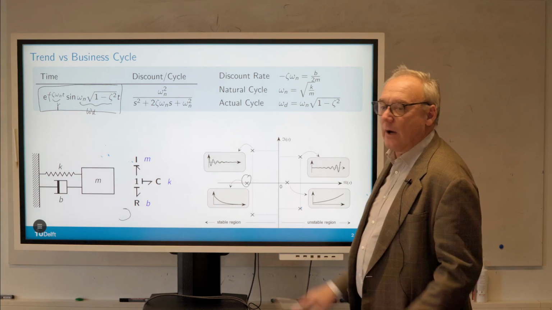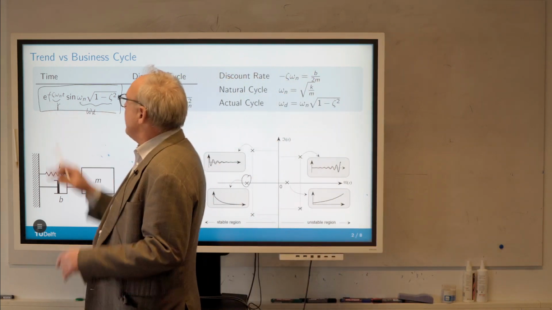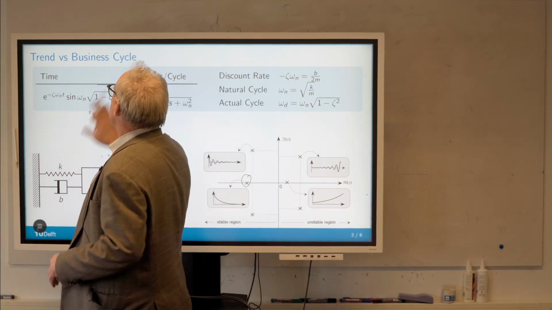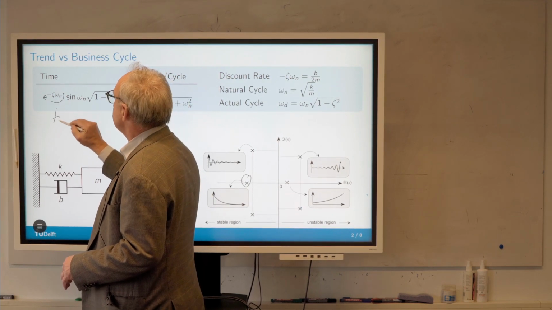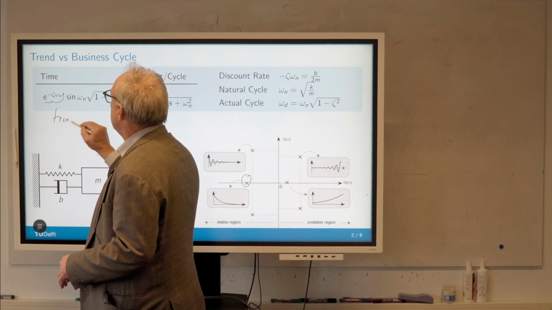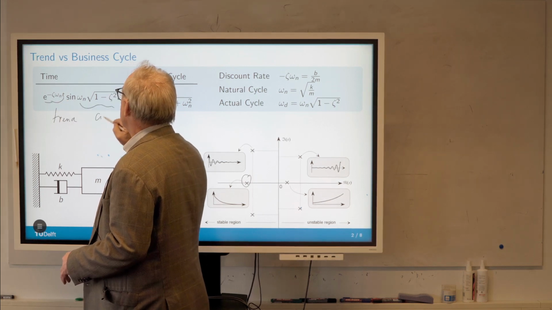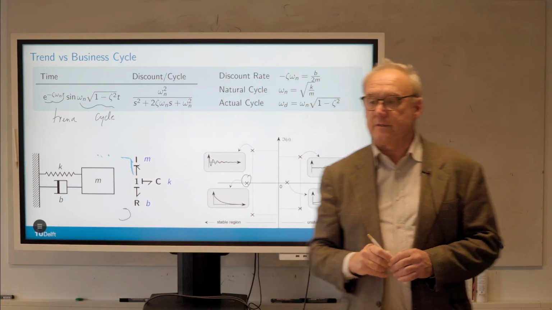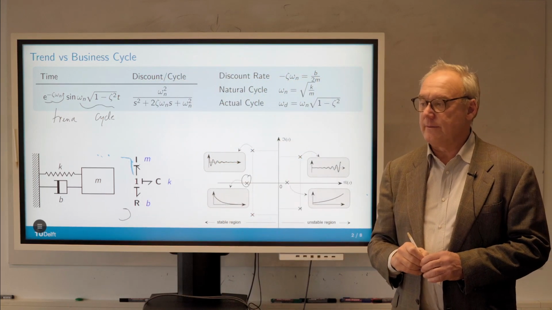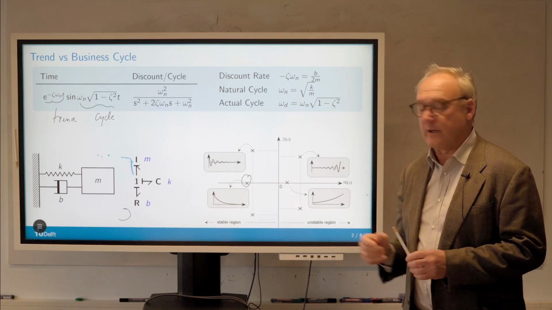Okay. So if you go back to systems engineering, this idea of a trend, which is this part, and a cycle is built into a second order system. Okay? Let's read it off.